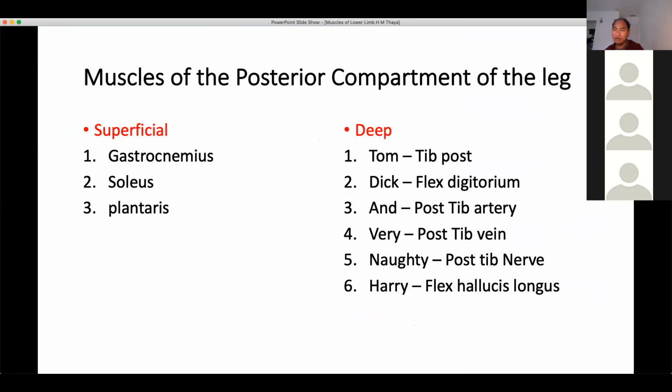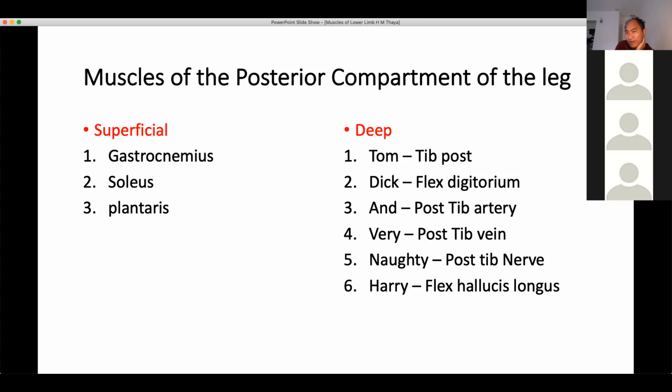So let's say if you are sitting down, I want you to feel your own medial malleolus. So I believe you remember, medial malleolus is on the medial aspect of the ankle, which is the big bony bump. Lateral malleolus is on the lateral aspect of the ankle, which is the bony bump coming from the fibula. Medial malleolus is coming from the tibia.